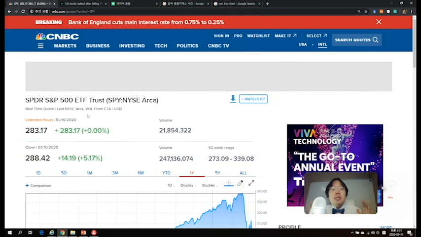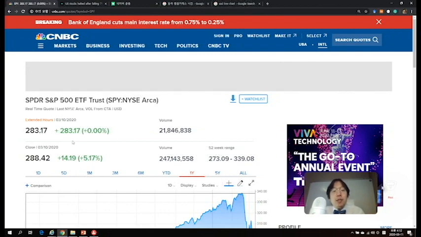So this is an ETF, exchange traded fund, that tracks the S&P 500 portfolio's returns. You see the S&P 500 index every day, and this ETF tracks the performance of the index, the average of the top 500 companies' stock. You can think about it that way.